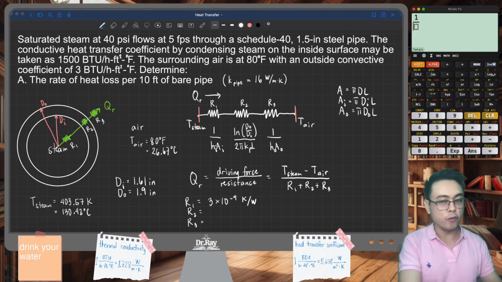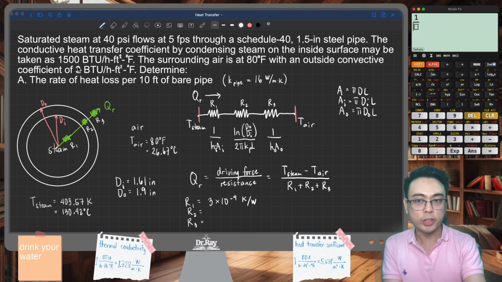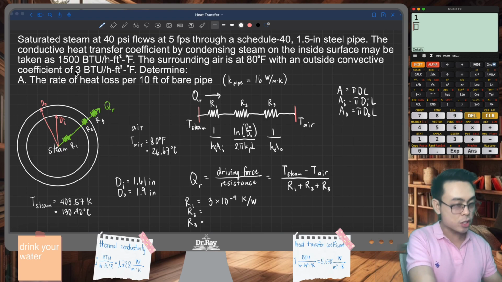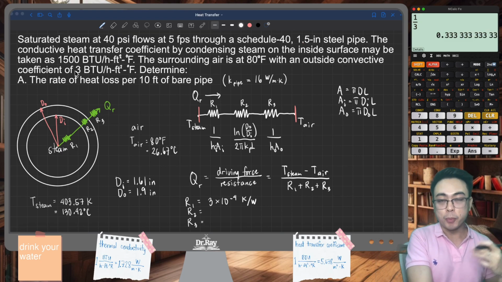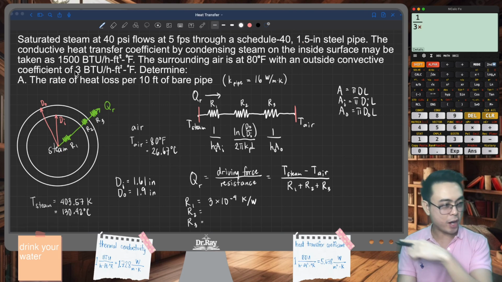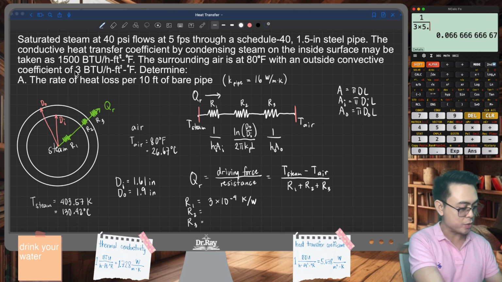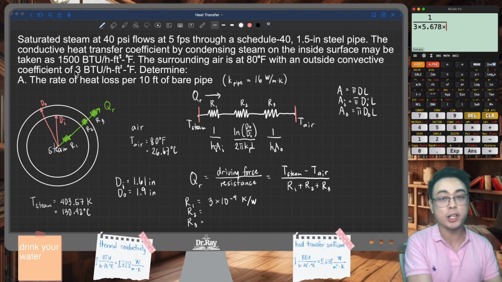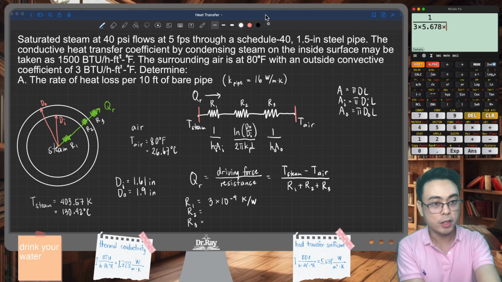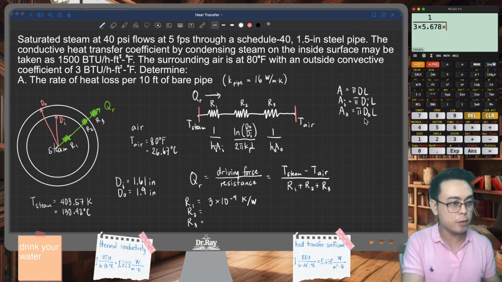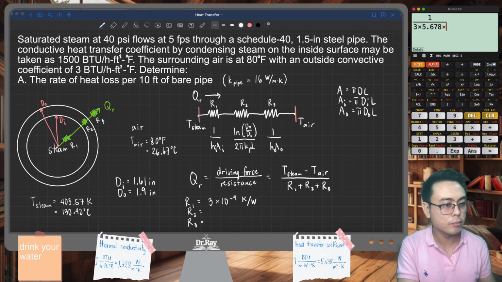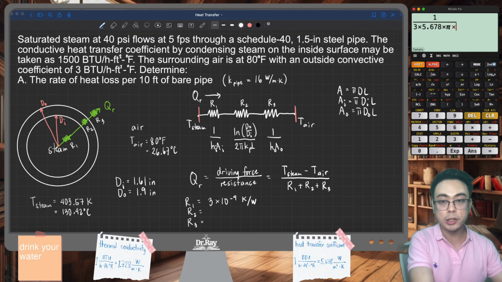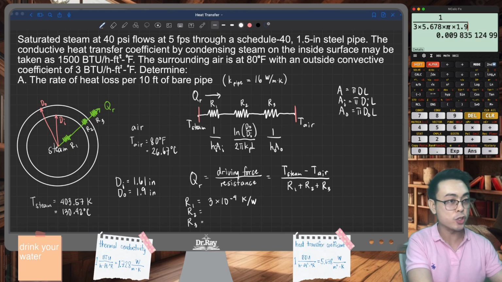So that's 1 over HO, or the external heat transfer coefficient. That's 3 BTU per hour per square feet per degree Fahrenheit. You multiply it by our conversion factor right here, 5.678, times the external surface area right here. That's pi times the external diameter, 1.9 inches.